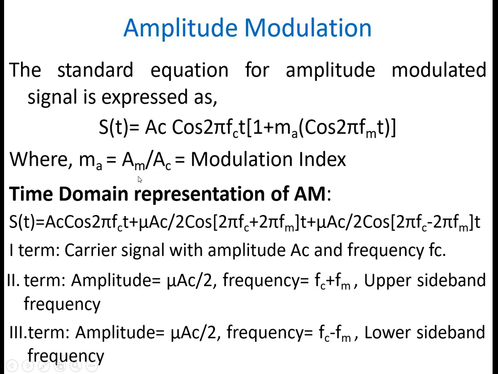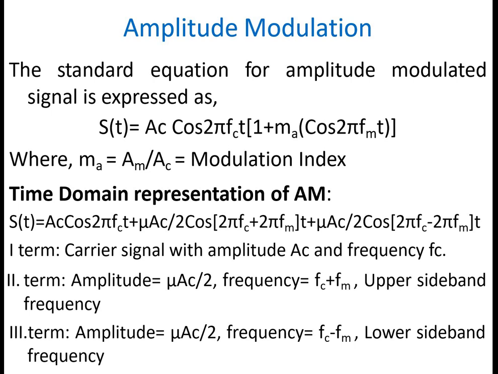The modulation index is the ratio of AM by AC, the peak amplitude of the modulating signal divided by the peak amplitude of the carrier signal, and the A factor represents peak amplitude.